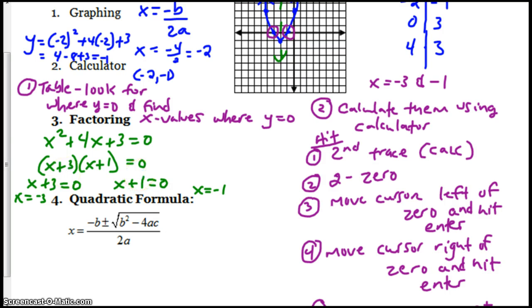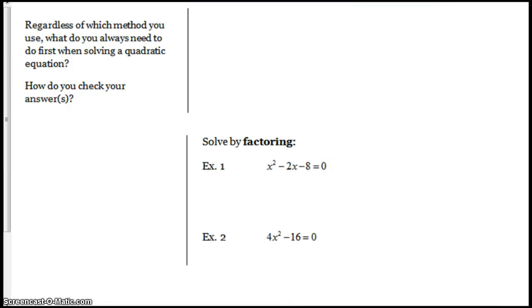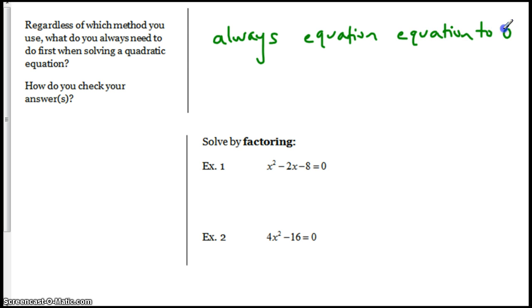Let's look at the next page, or the bottom of the page first. And just reminders, regardless of which method you use, you always need to set your function equal to 0. So always set your equation equal to 0 before you try any of the methods. And then you can check your answers.